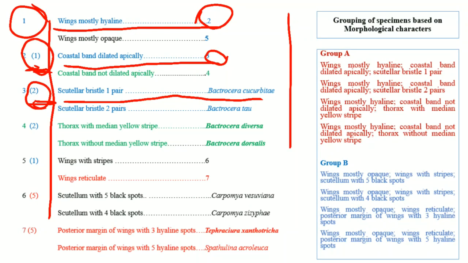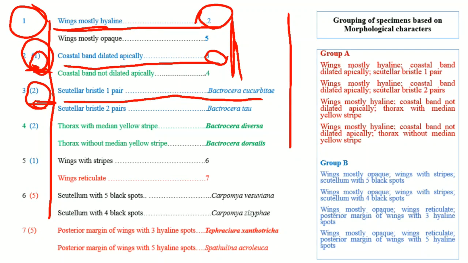After this, the number mentioned in parentheses is 1. Then you will move backward towards 1, and that character is wings mostly hyaline. You can counter check your key: if you are running it correctly, you can verify it by the numbers mentioned here.